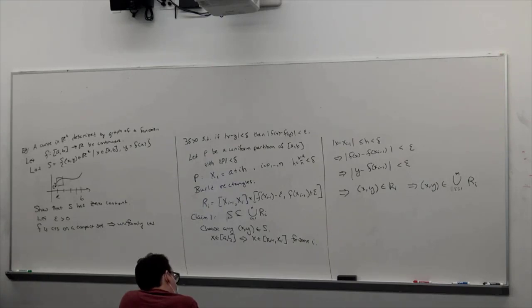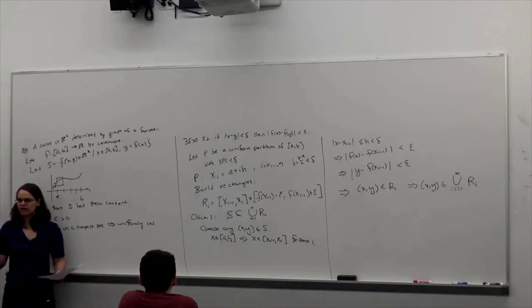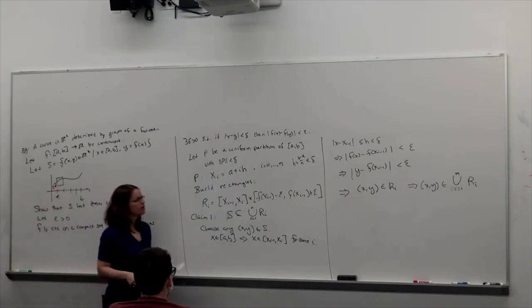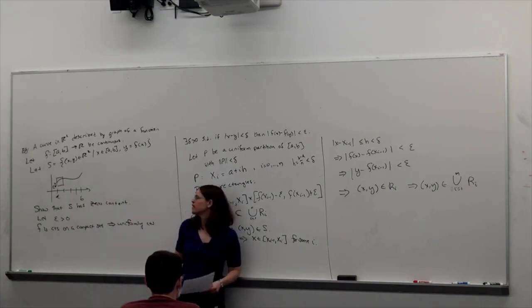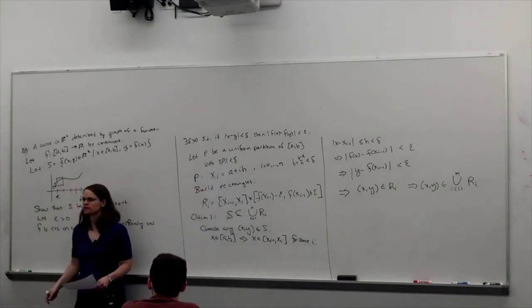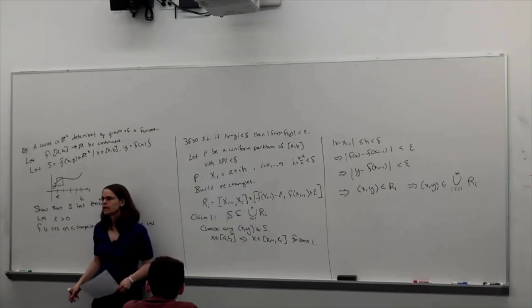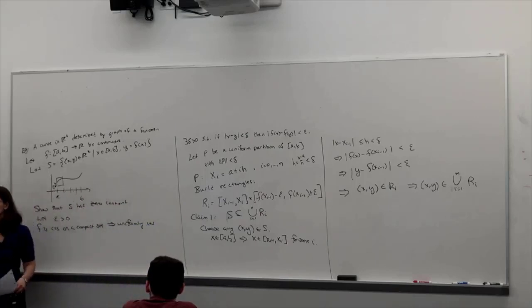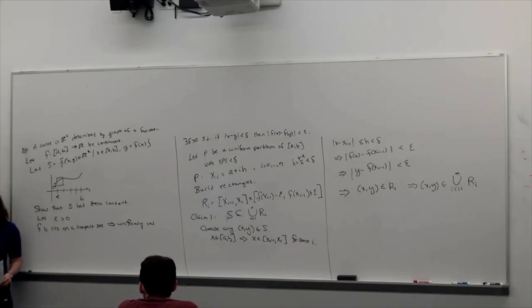This is not a surprising conclusion. I mean, we manufactured our rectangles to make sure this would happen, so this is just a quick sanity check along the way. Now, the other bigger thing we have to check is that actually the total volume of these rectangles stays small. Maybe not totally obvious, because as we refine our partition, it means we have more and more of these rectangles to add up.